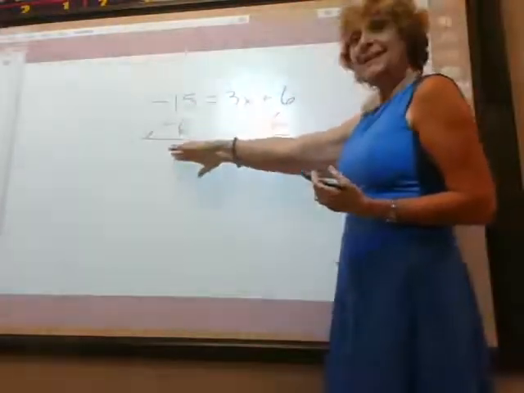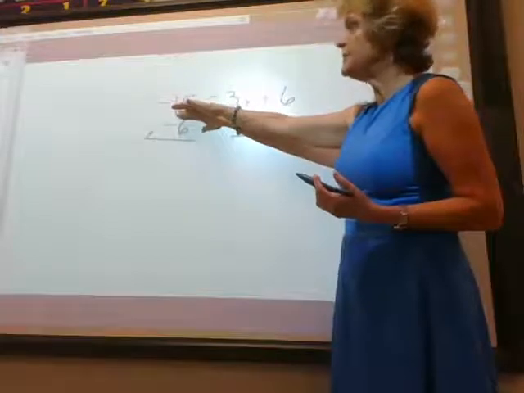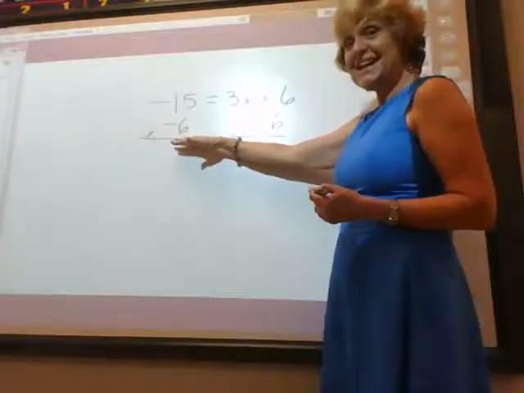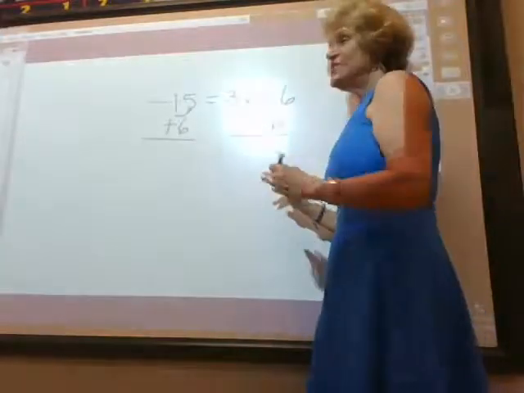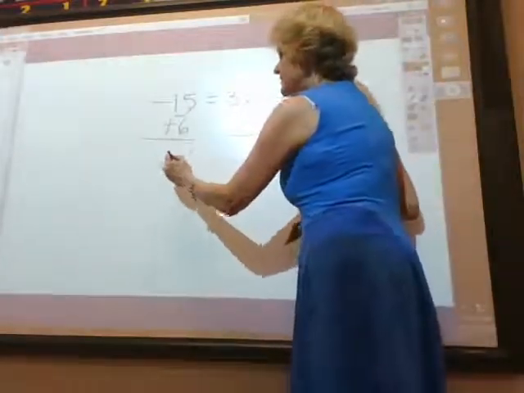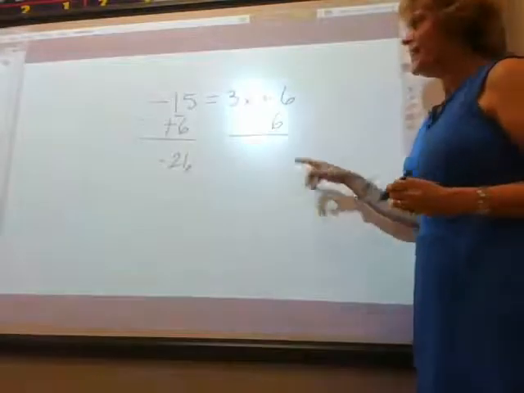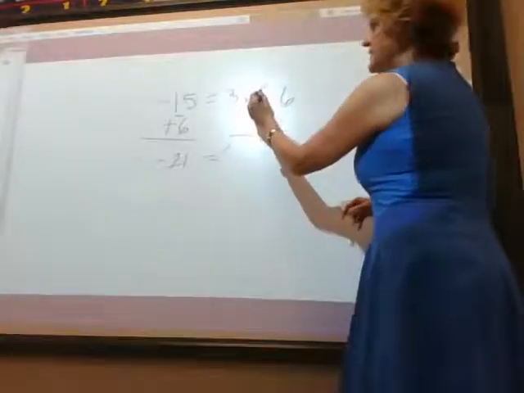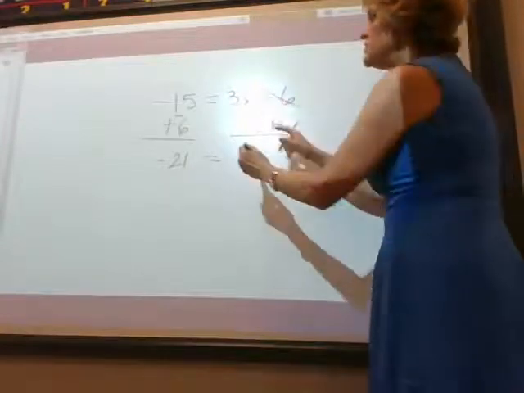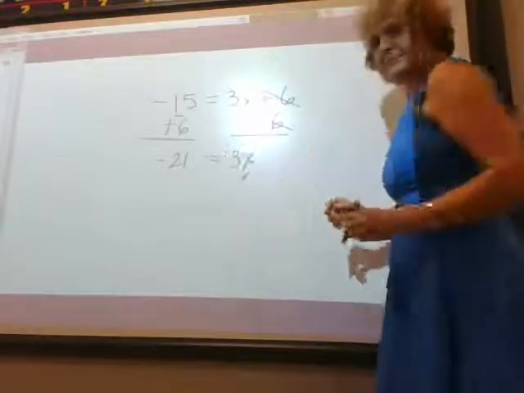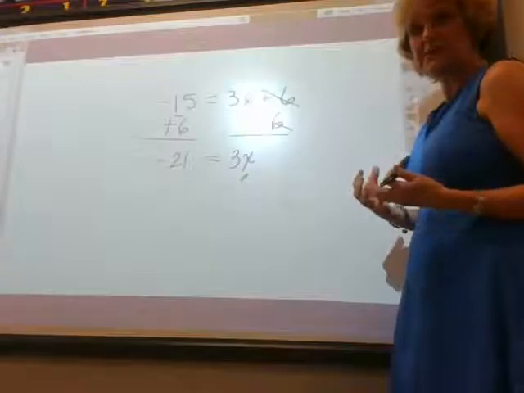I'm adding two negatives. Negative 15 plus a negative 6, it's like adding the opposite. So right here I should have negative 21. And over here, this 6 minus 6 goes away. That's good. I want it to go away. I just want the plain old letter, the plain old term that has the variable.